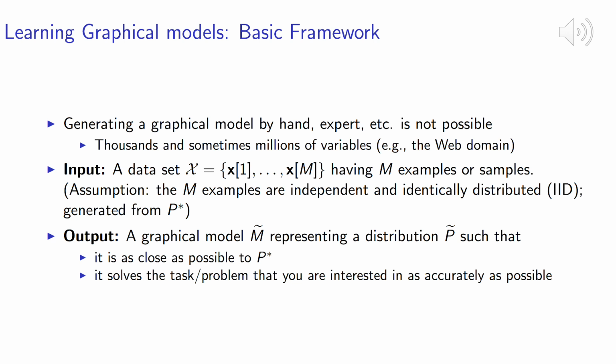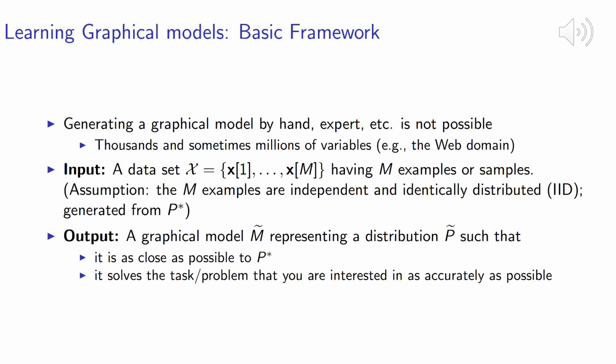The output of our system is a graphical model. Let's call that graphical model M tilde, which represents a distribution. Let the distribution be called P tilde, such that the distribution is as close as possible to P star, where P star is the data generating distribution.